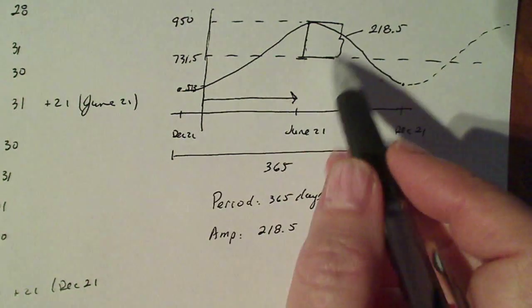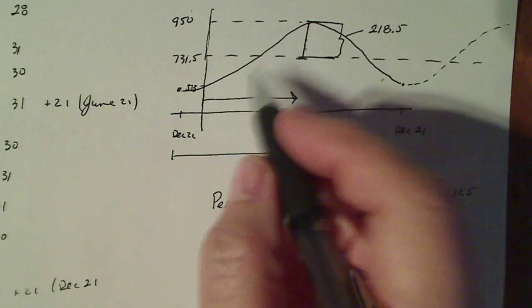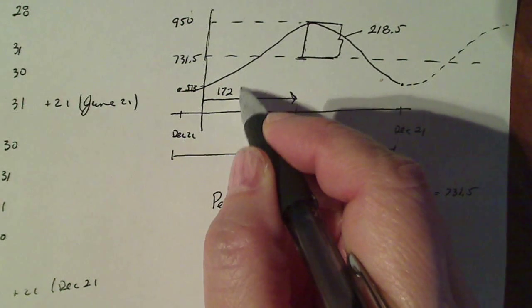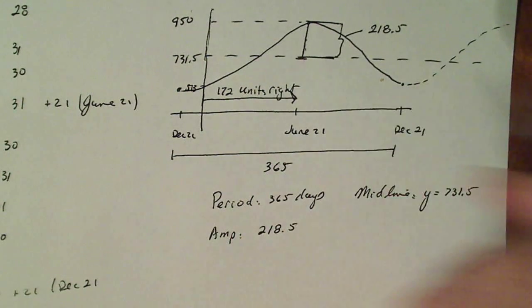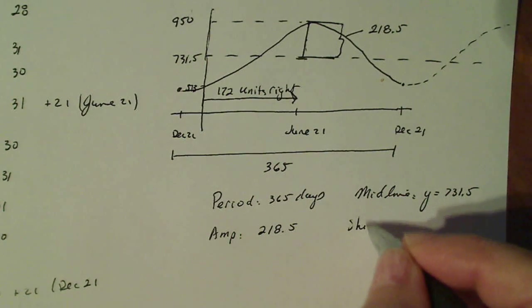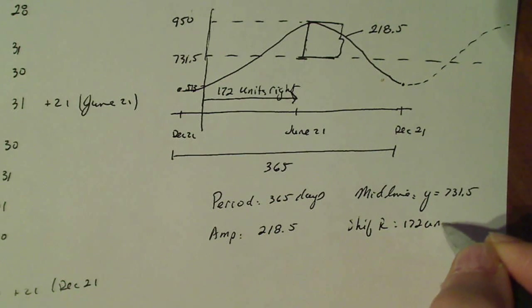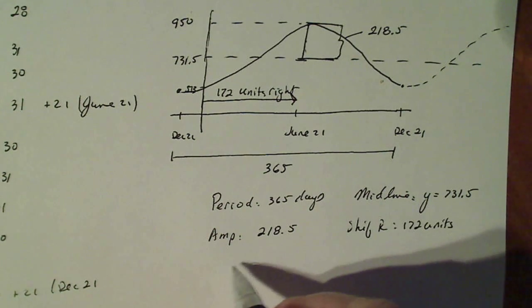But I have shifted this over to June 21st, which I know is day 172. So that's a shift right of 172 units.